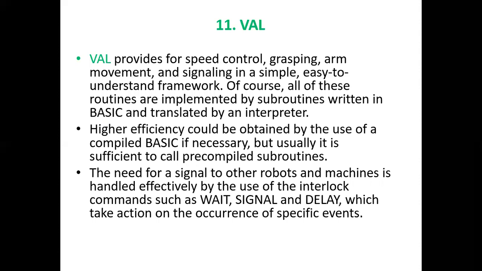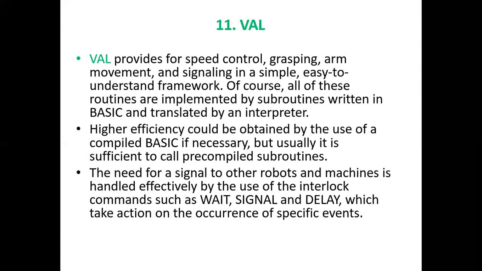So VAL provides for speed control, grasping, arm movement, and signaling in a simple, easy to understand framework. Of course, all of these routines are implemented by subroutines written in BASIC and translated by an interpreter.